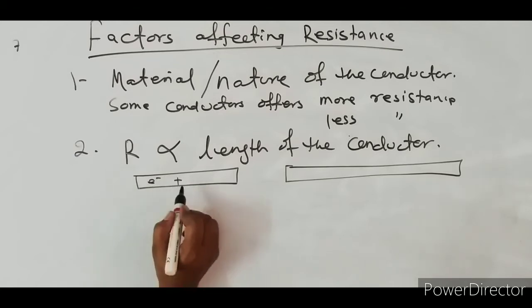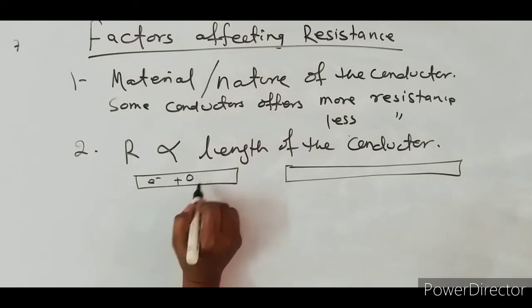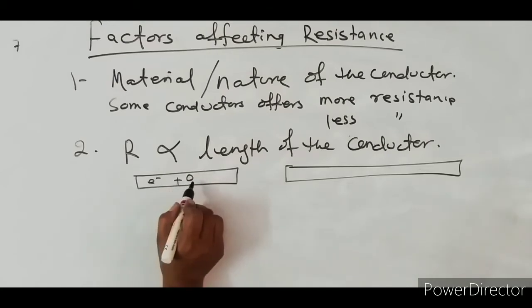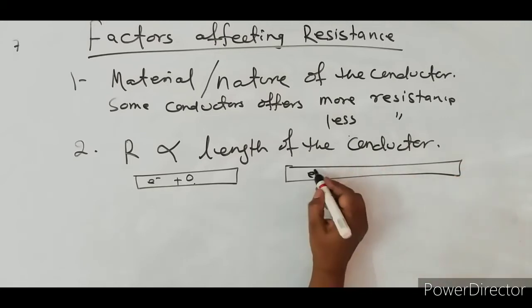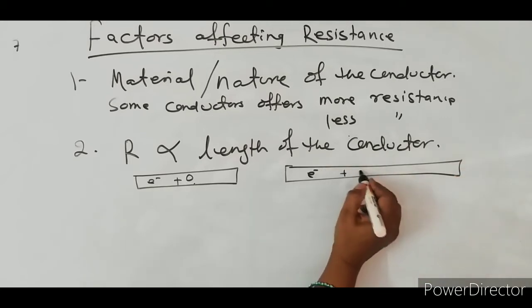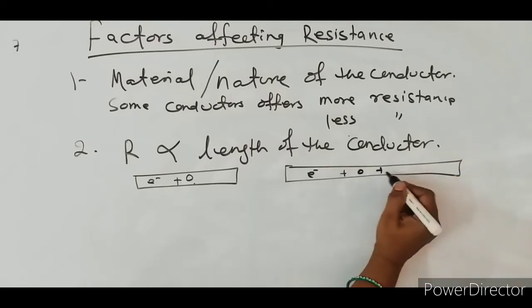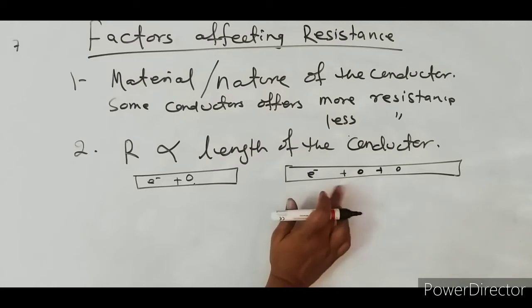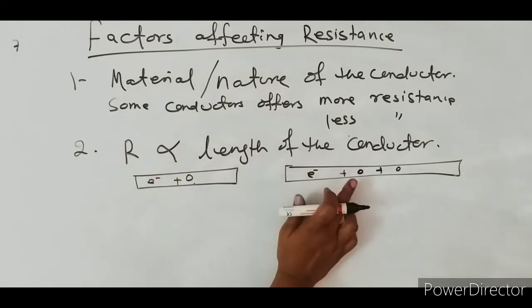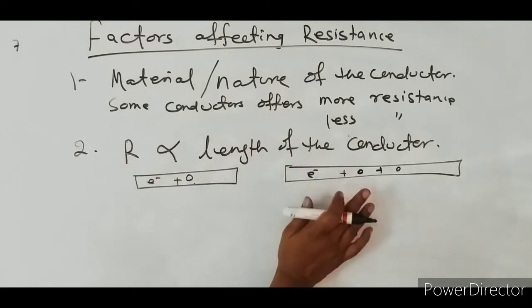Electrons are flowing, with positive charges and atoms present. In the shorter length, the resistance is less. In the longer one, electrons have to move a long distance, and there are more positive charges and atoms to come across. That is why the more the length, the more the resistance.